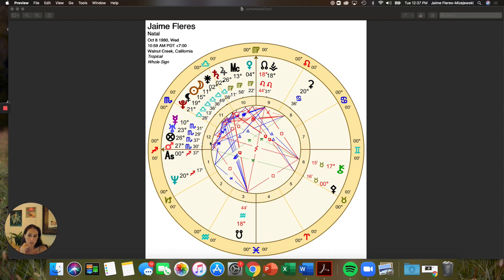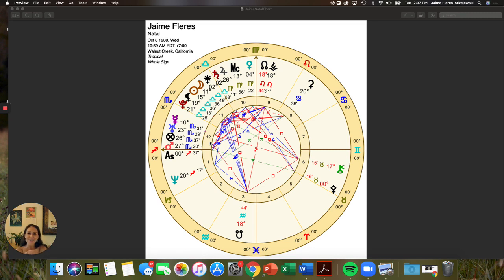The first house is the house of the self. It corresponds to Aries, which is also a very centered on self sign, not self-centered because that has negative connotations in our society, but centered on self sign. It's like the rugged individualist. And it also correlates with Mars, the planet Mars correlates with the sign Aries. So that's something to know.